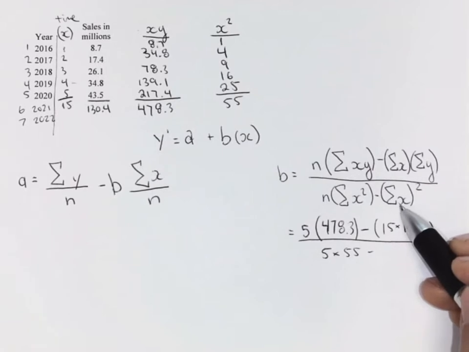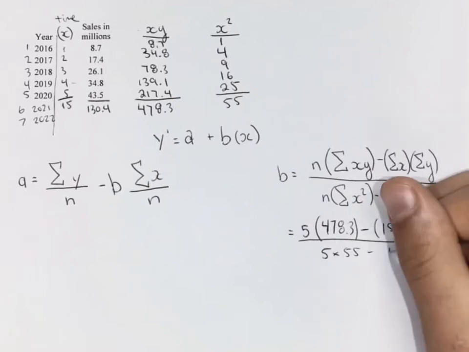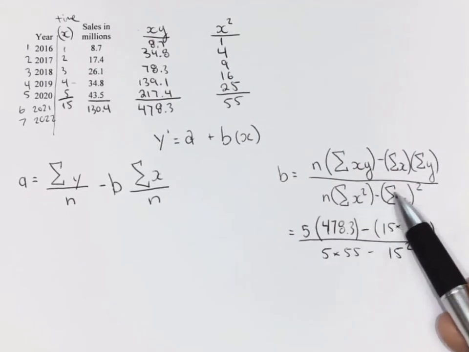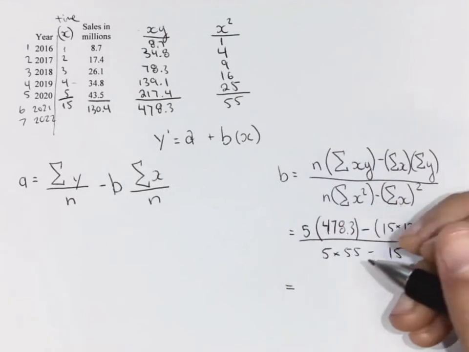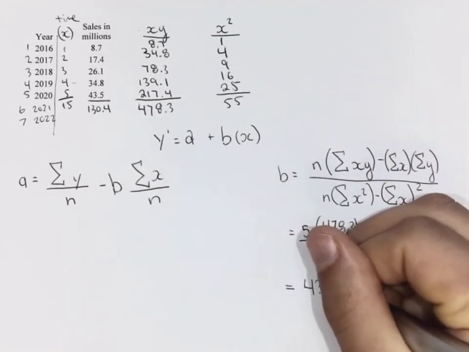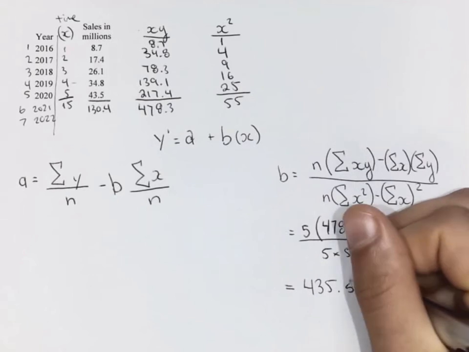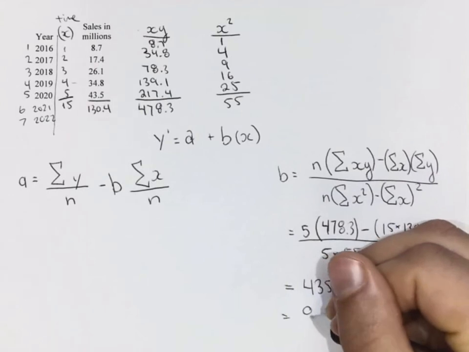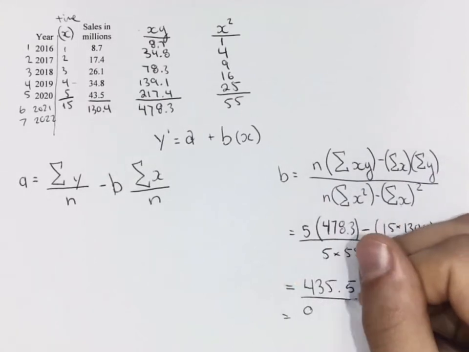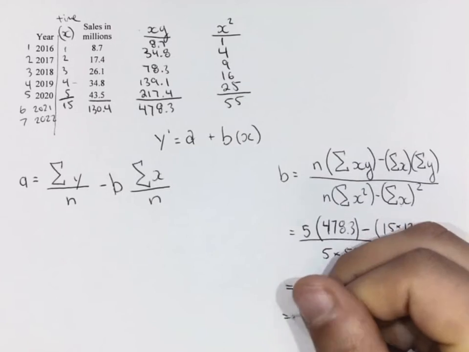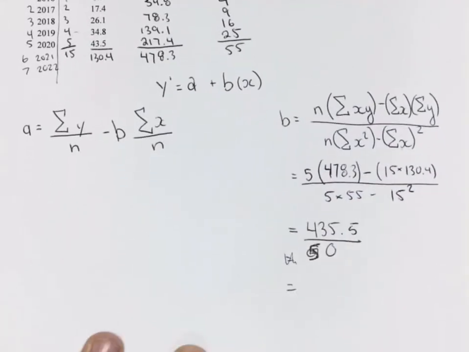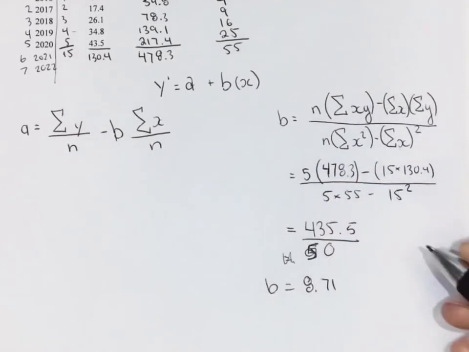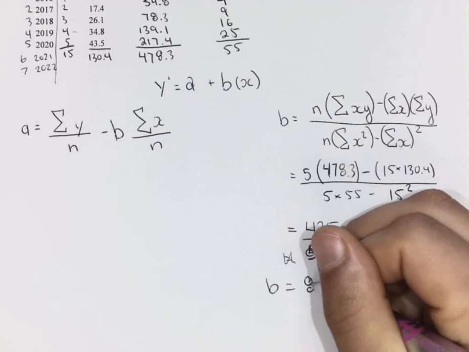And the square of the sum of x is 15 squared. So just be very careful where the exponent is. There's a big difference between these two. So we get a slope of 8.71 for B.